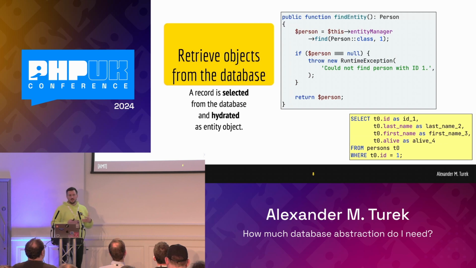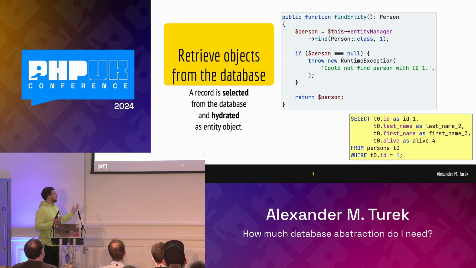I can, of course, also retrieve objects from the database. Once I have persisted a person in the database and I know its ID, then I can query it. I can just tell the entity manager I want the person with the ID 1. Then I will get a person object, or I will get null if it is not found in the database. What happens in the background again is that this piece of SQL is being generated.